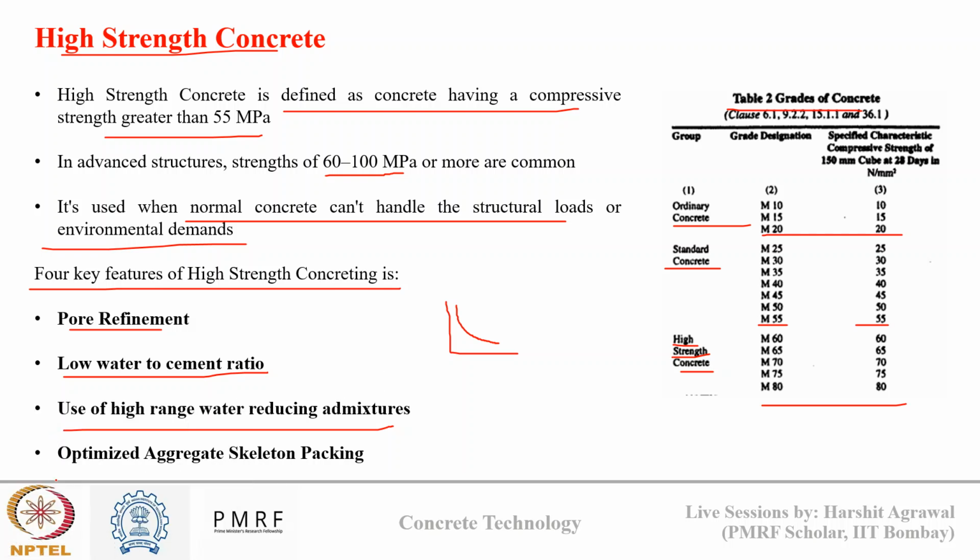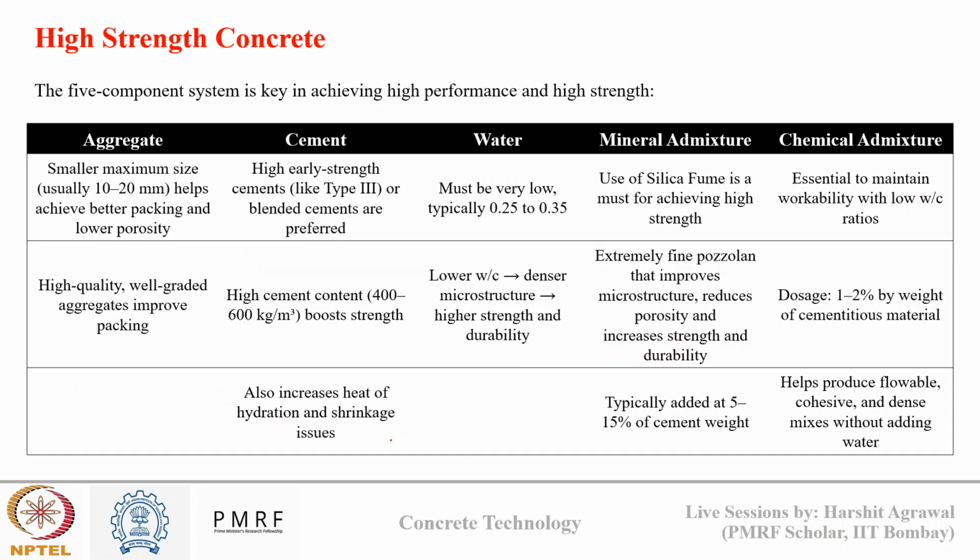And fourth is optimizing the aggregate skeleton packing, because it ensures that there are minimum voids, so a lower amount of water will achieve the workability that we require from concrete. So these are four key features that play a major role in developing a high strength concrete.